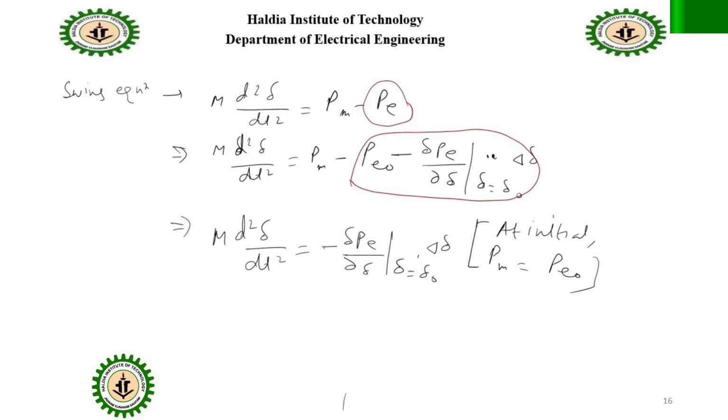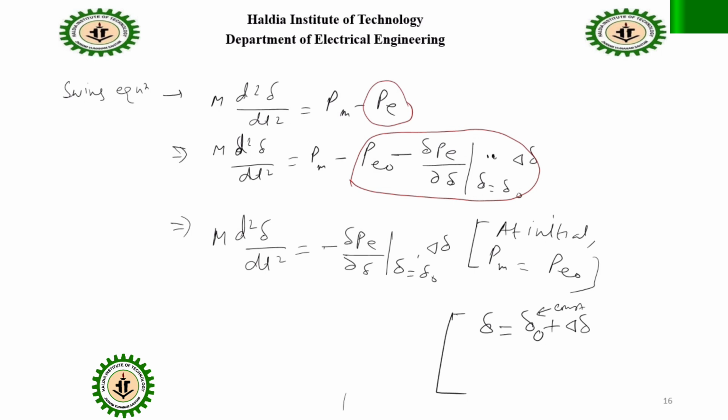So again we can write, or we know, the rotor angle δ is equal to the initial rotor angle plus the change in rotor angle, that is constant.